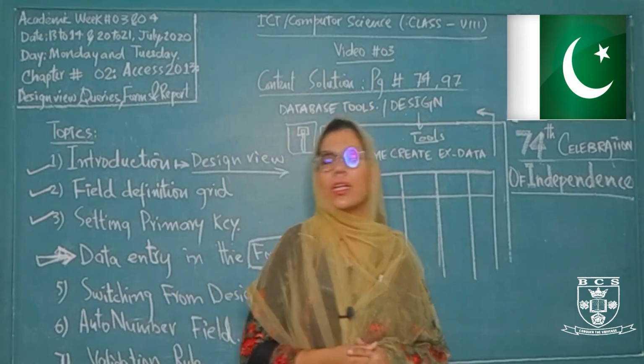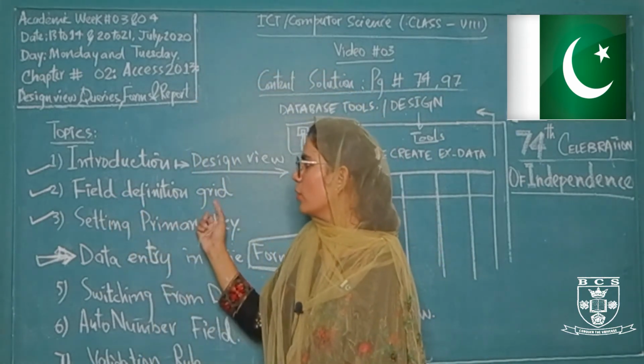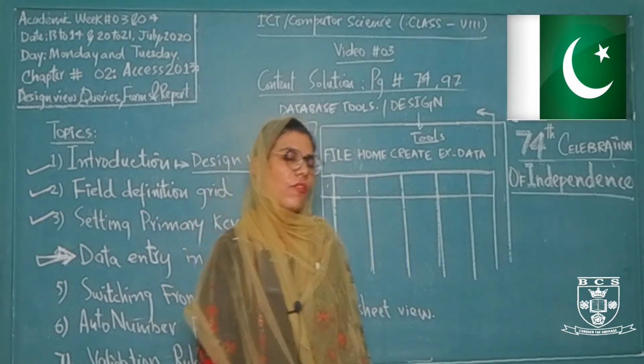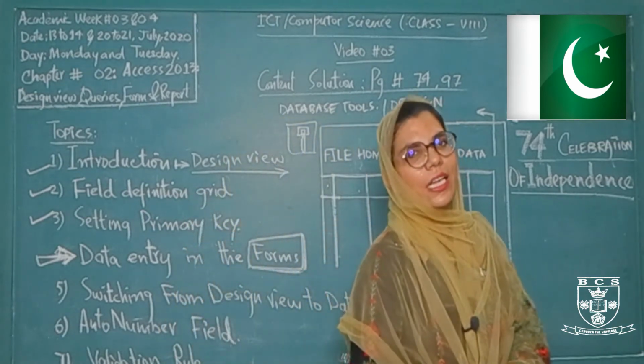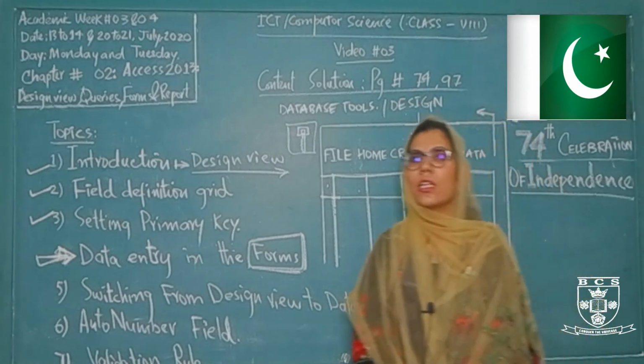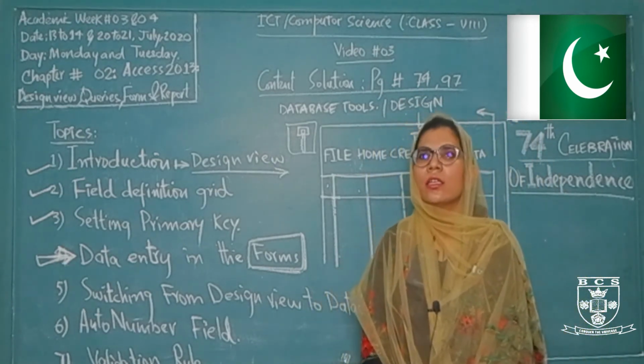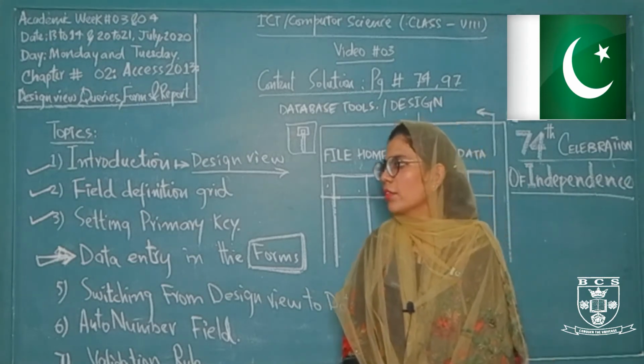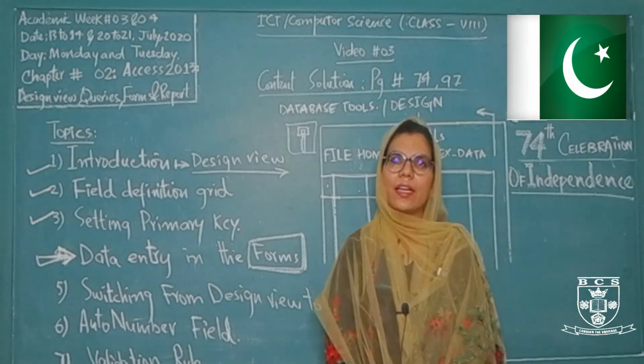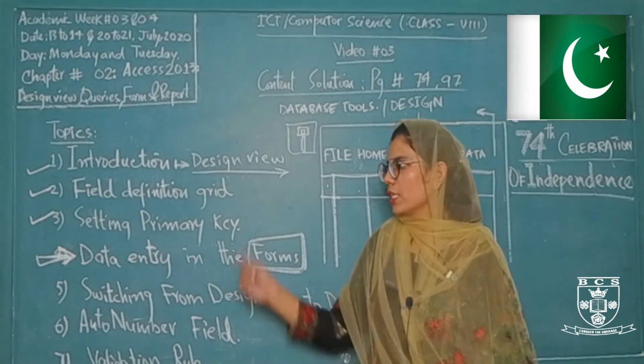The first part is your field definition grid. What is the field definition grid? Field definition grid is an option that is used to specify the different field names and to add the different data types to your data, and optionally we can also add a description for each field using this option.